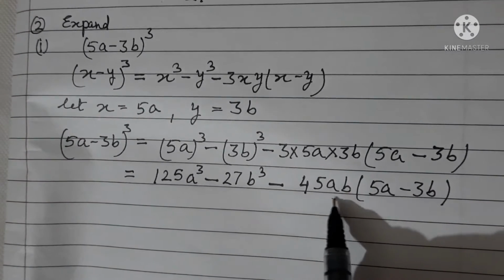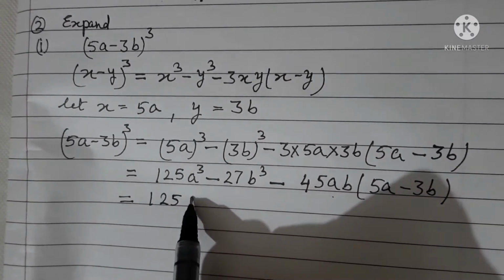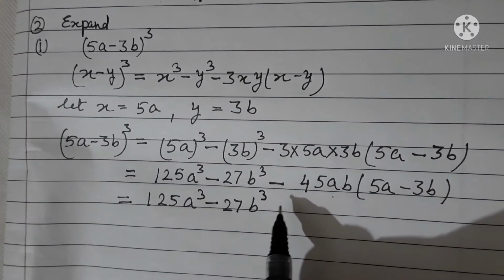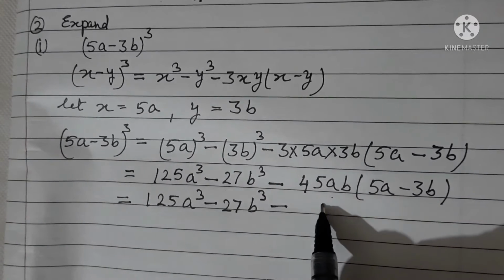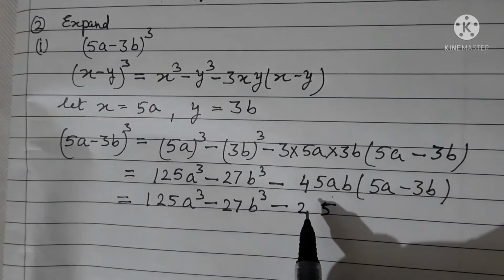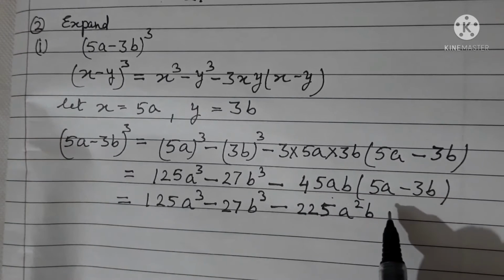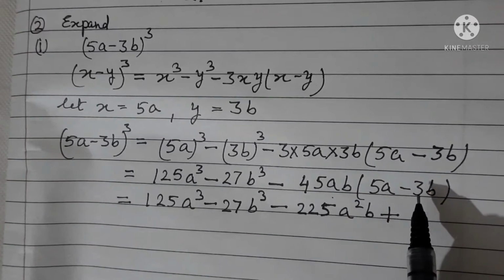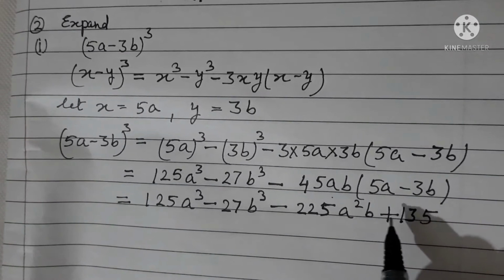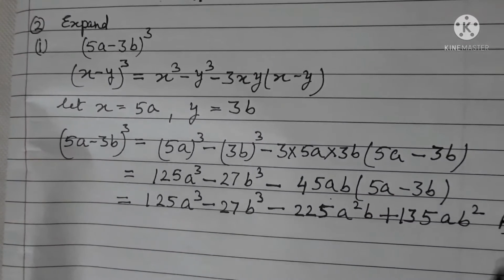This you will multiply in the bracket. 125 a cube minus 27 b cube minus 5 5s are 25, 5 4s are 20, 21, 22, a square b, minus minus plus 45 into 3, 3 5s are 15, 3 4s are 12 and 1 is 13, a b square. Answer.